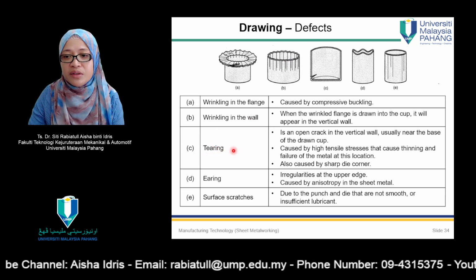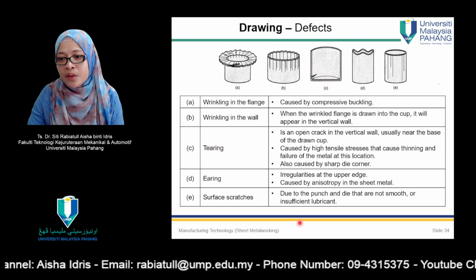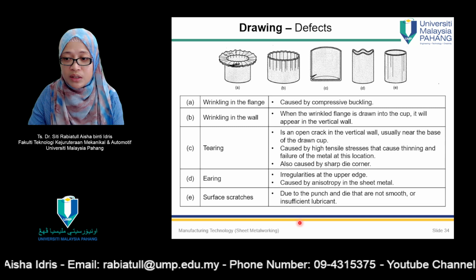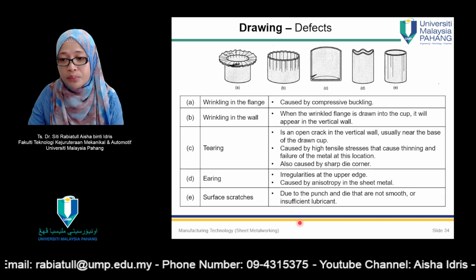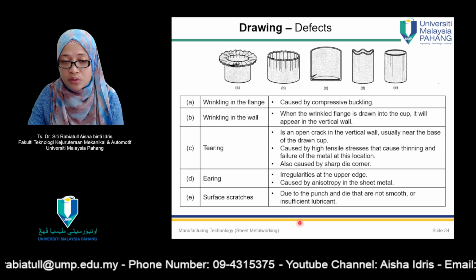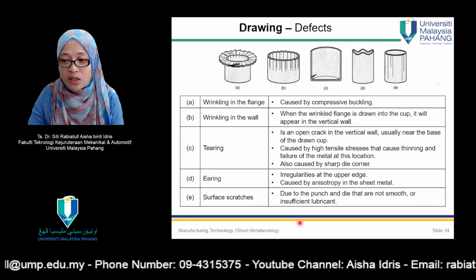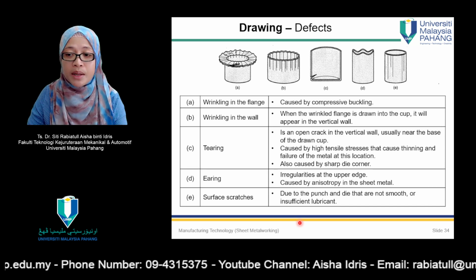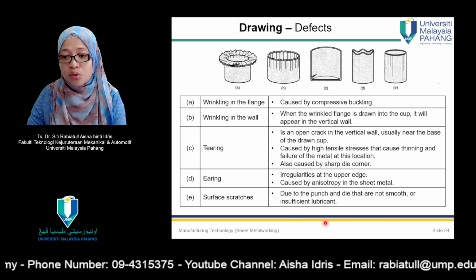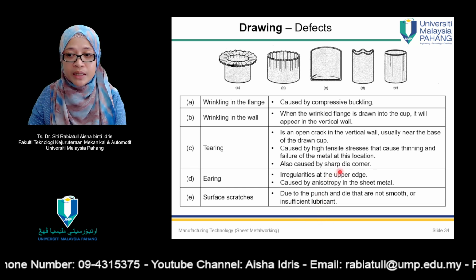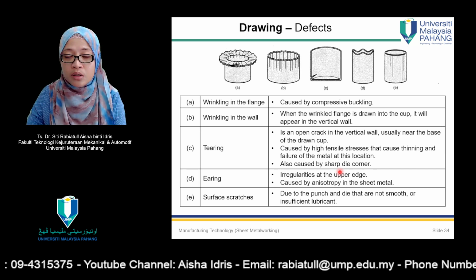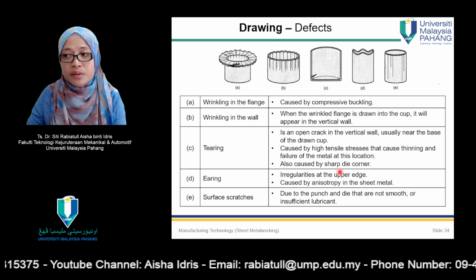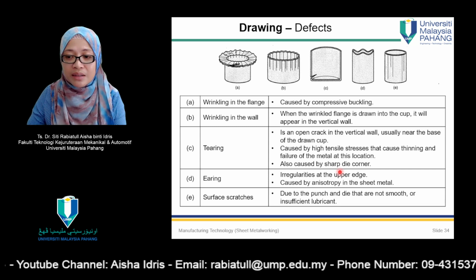Okay, and then tearing. It is an open crack in the vertical wall, usually near the base of the drawn cup, caused by high tensile stresses that cause thinning and failure of the metal at this location. Also caused by a sharp die corner. That's why normally we don't use a sharp corner, but we use a fillet instead.